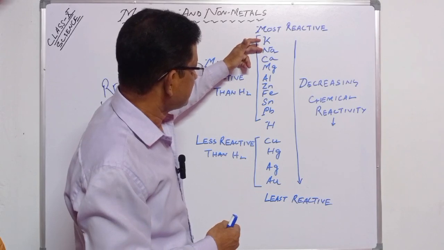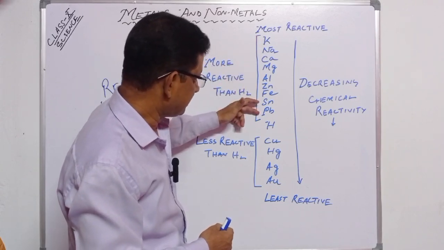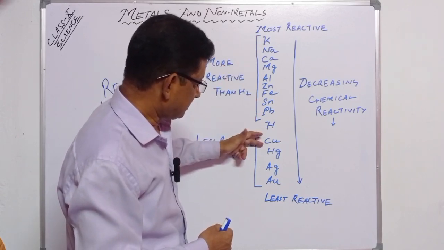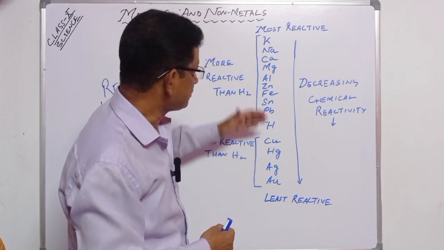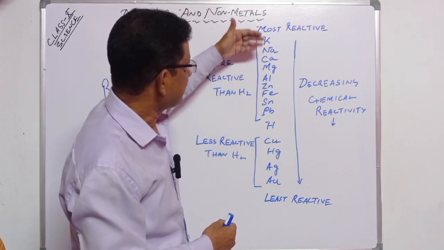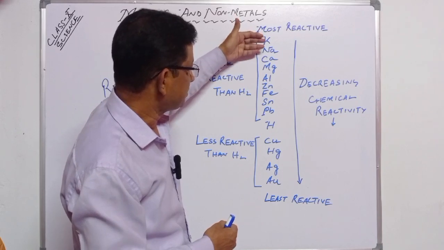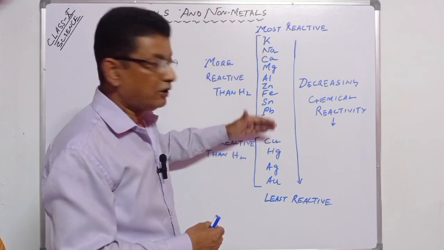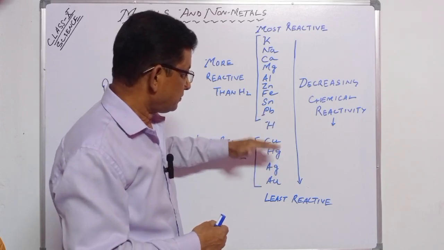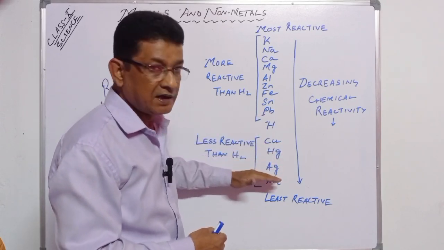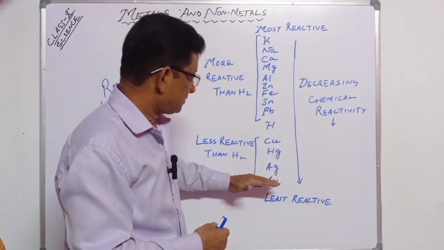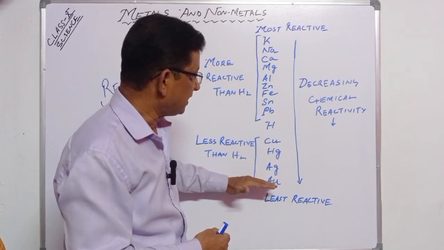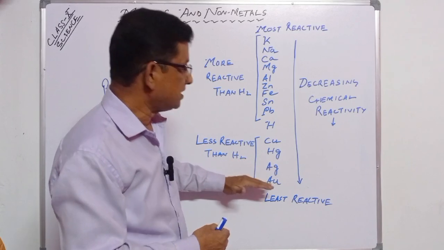In a reaction, sodium can displace lead, copper can displace mercury. So the metal at the top position can displace a metal which is placed at a lower position in the chemical reactivity series.